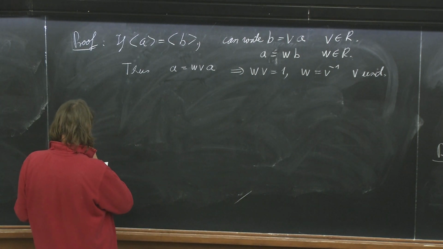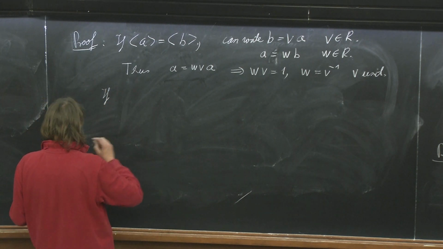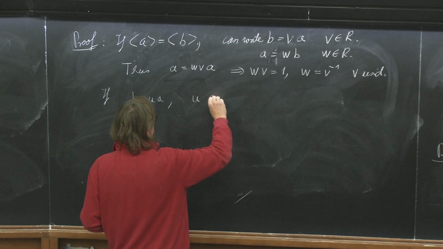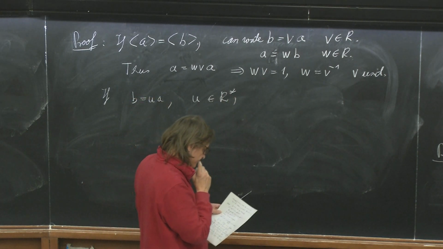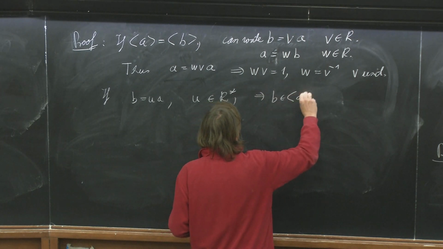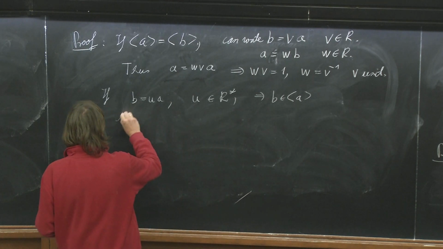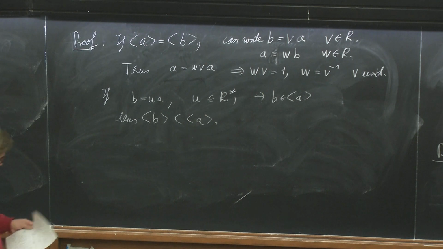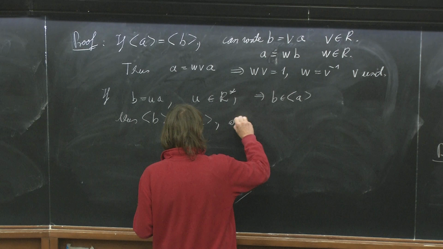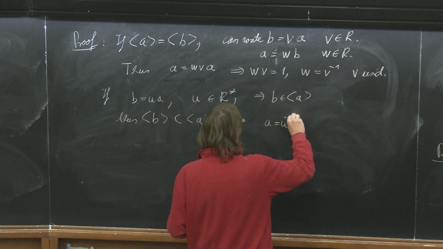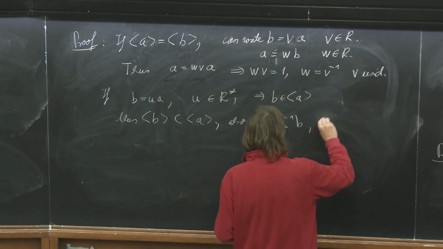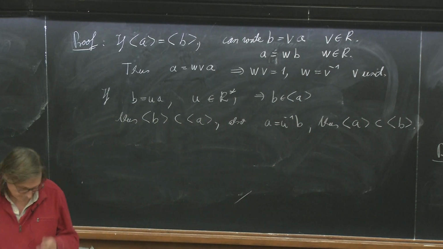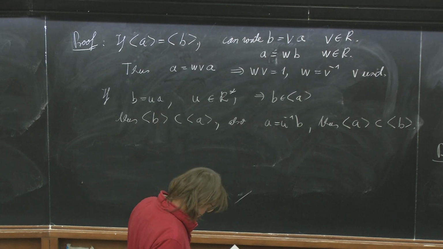If B is equal to U times A, with U a unit, then it follows obviously that B is contained in the ideal generated by A. So thus, the ideal generated by B is contained in the ideal generated by A, because the multiples of B must be contained in multiples of A. And also, we have that A is equal to U to the minus 1 times B. Thus, by the same argument, the ideal generated by A is contained in the ideal generated by B. So they're equal. Okay, so this was this simple fact.